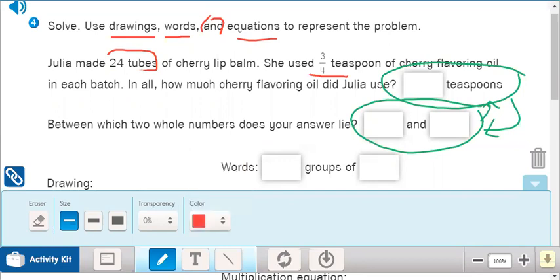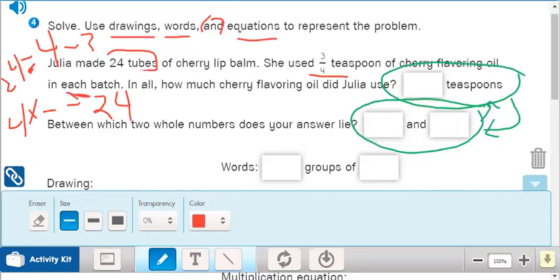So on the side, we're going to need to figure out 24 divided by 4 equals how much? Or you can just think 4 times what equals 24. Okay, so we need to solve for that.